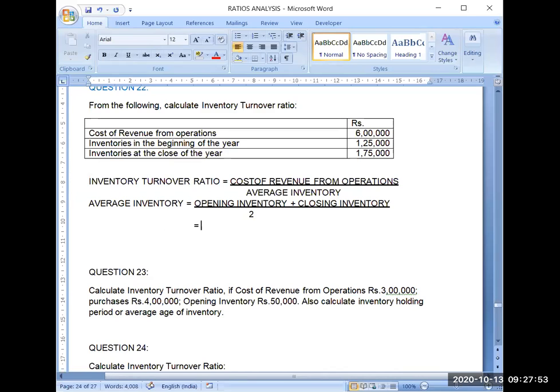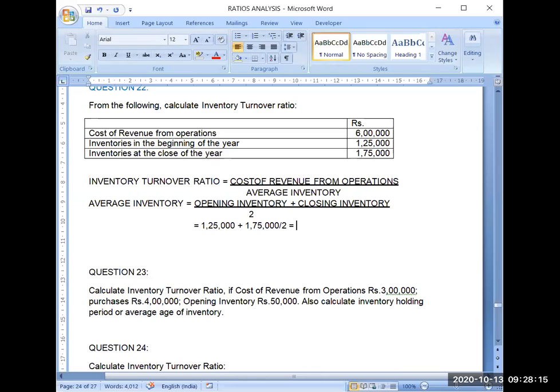Opening inventory is given 1,25,000 plus closing inventory is given 1,75,000. And I will write in simple form, divided by 2.